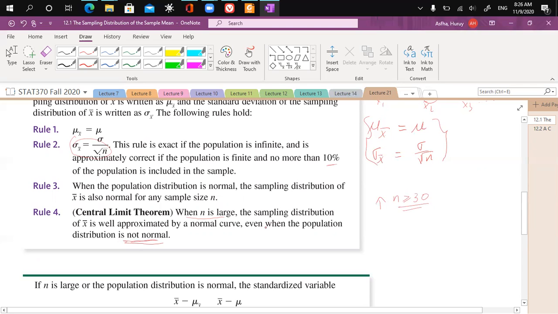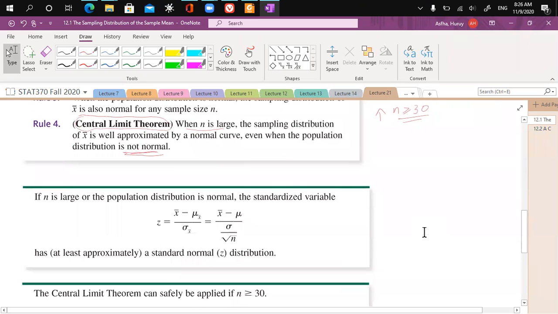Even if it is not normal, this central limit theorem, a very important theorem in statistics, tells us that when n is large, the sampling distribution of X bar is approximately normal. It doesn't matter whether the population is normal or not.